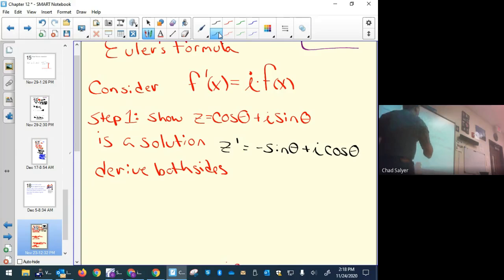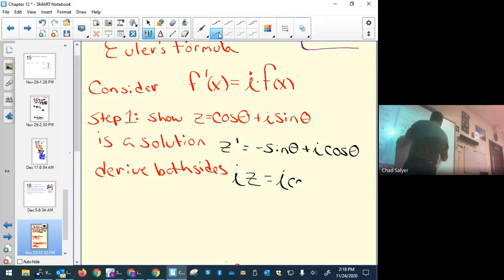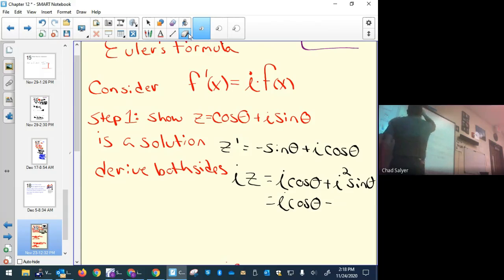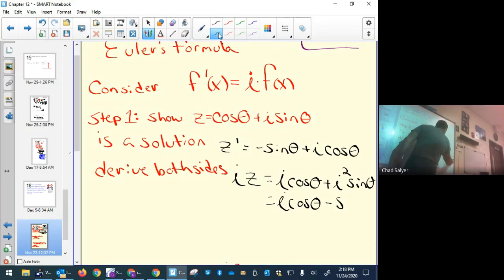So if I did i times z, in other words, if I multiplied this times i, and remember that i squared is negative 1, boys and girls, do you see how these are the same?